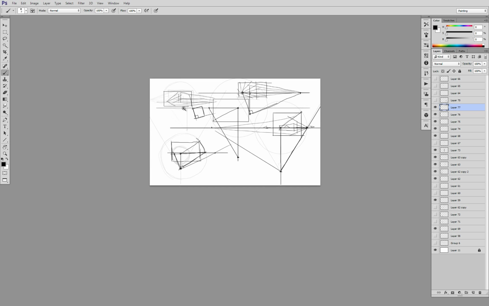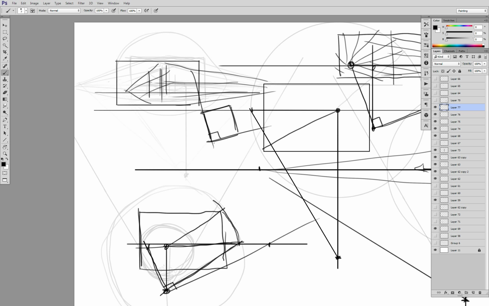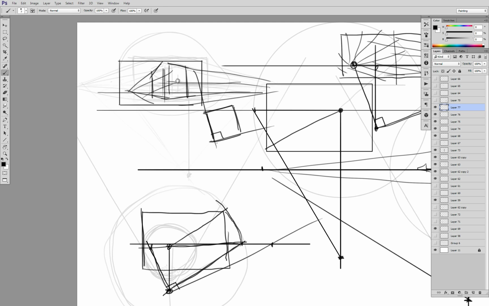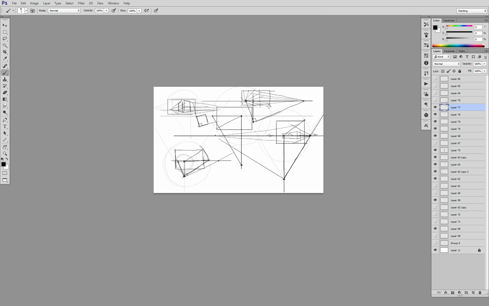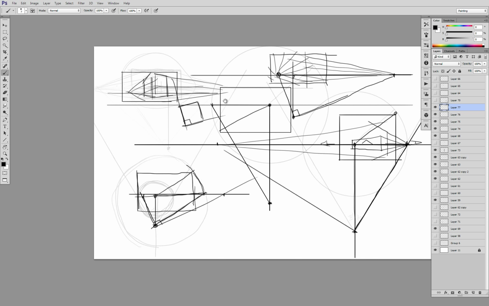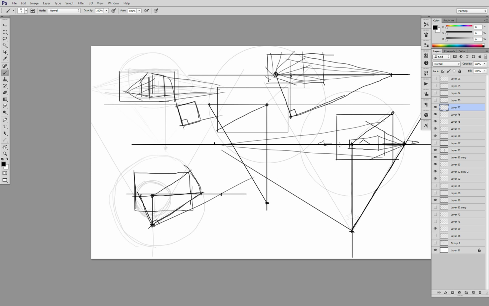So that's kind of the key, to understand how all these things work and how they play together. And the more you can do that, the easier it will be to create good scenes and not get yourself into trouble.